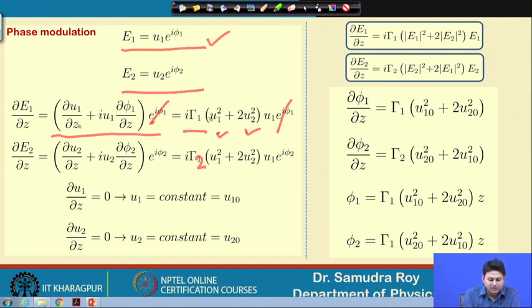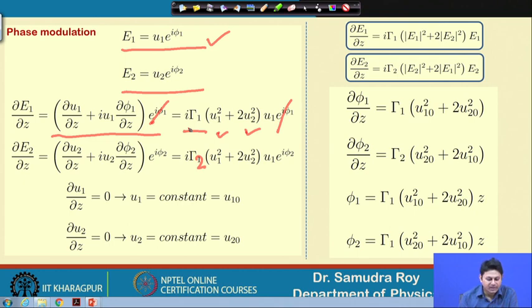Then the rest of the equation, on the right hand side we have a real part and imaginary part. On the left hand side we also have a real and imaginary part, but on the right you can see that U1 is real, U2 is real, the squares of these two are obviously real, gamma is real, everything is real with a multiplication of i. So, the right hand side is a completely imaginary term.